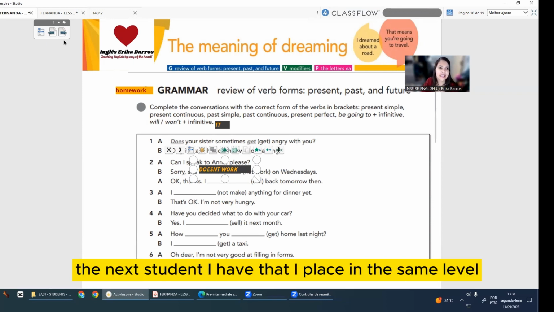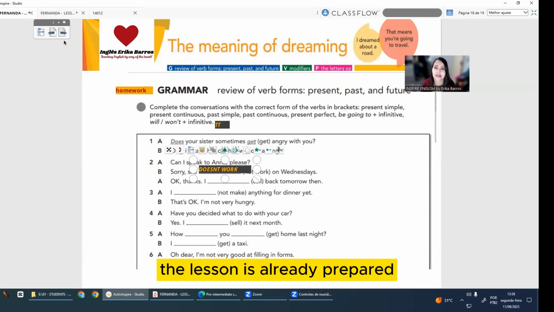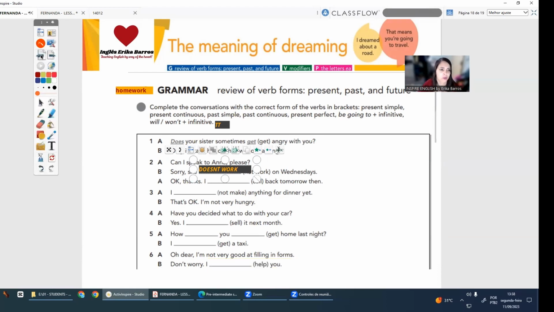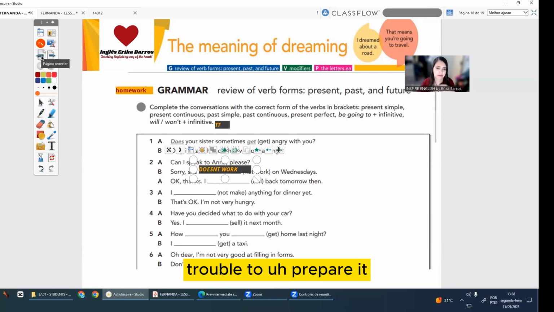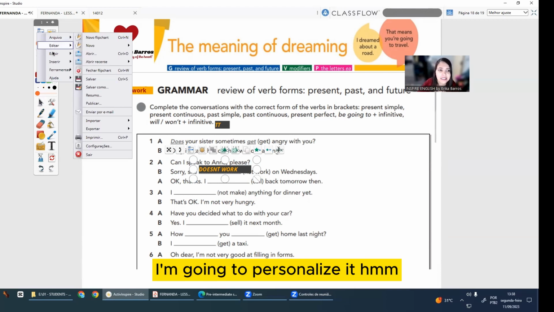And guys, the next student I have that I place in the same level, the lesson is already prepared. So I have zero trouble to prepare it. I'm going to customize it. I'm going to personalize it.